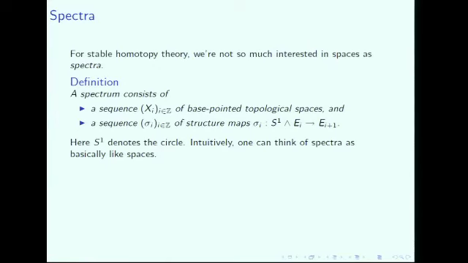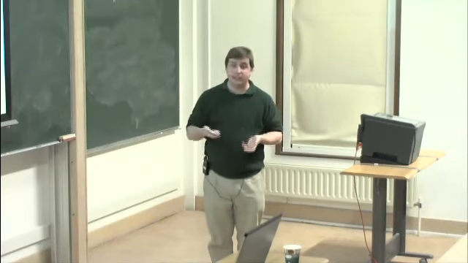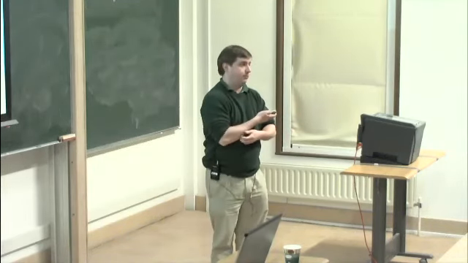A spectrum consists of a sequence of topological spaces, and between any two of them we have structure maps from the suspension of each to the next. The suspension is what you get by smashing the circle with something. But intuitively you just think of them as being like spaces. And also we're only really interested in them up to homotopy theory.